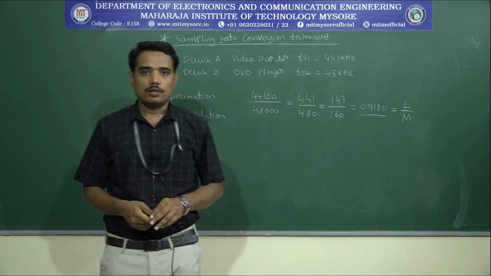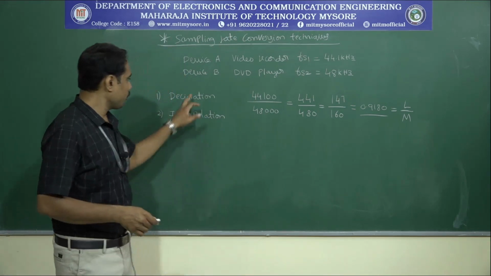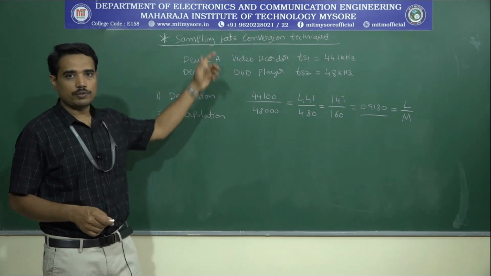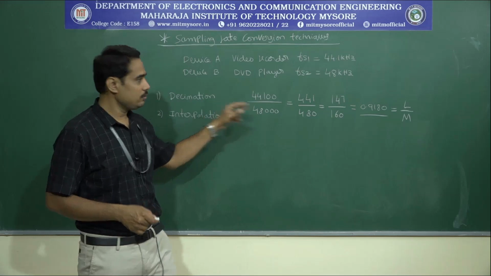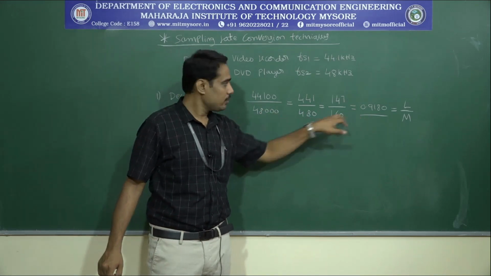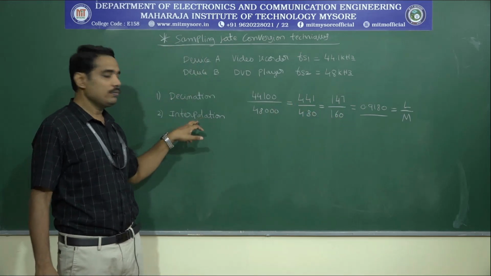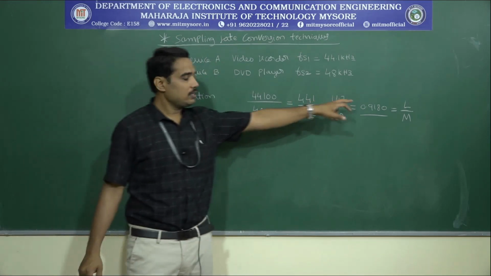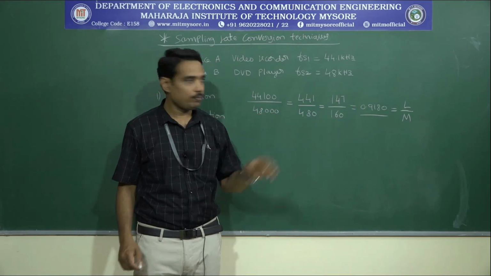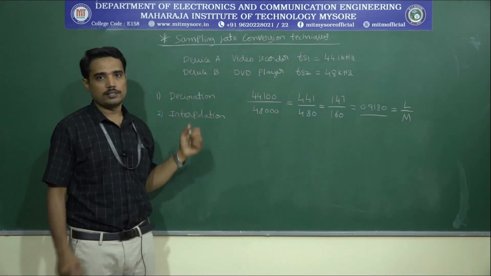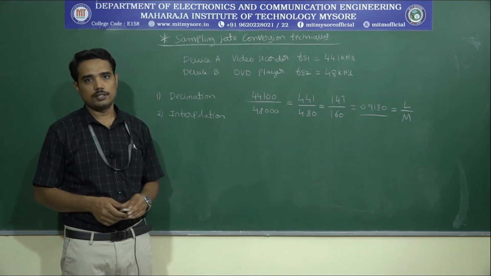In order to view the proper output in the monitor, we need to perform two operations for two different sampling rates. One is performing decimation by a factor of M with a value 160, and simultaneously you have to perform interpolation by a factor L with value 147. If you perform these two operations, then we are going to get the proper output in the monitor.